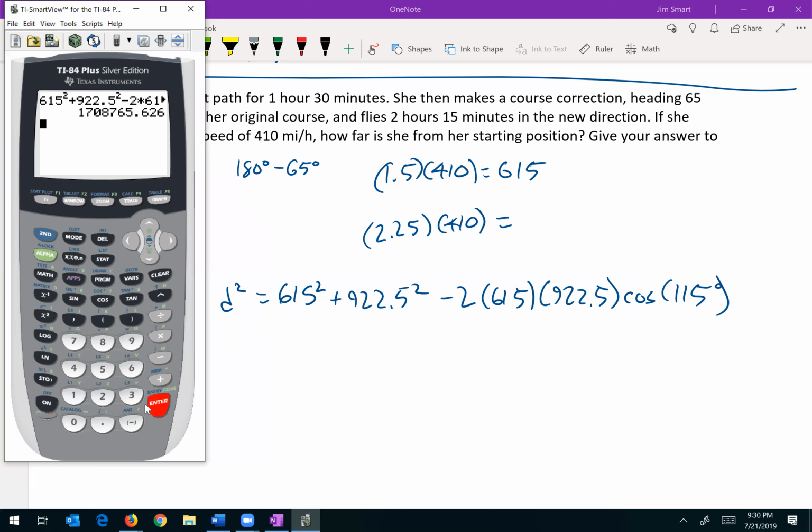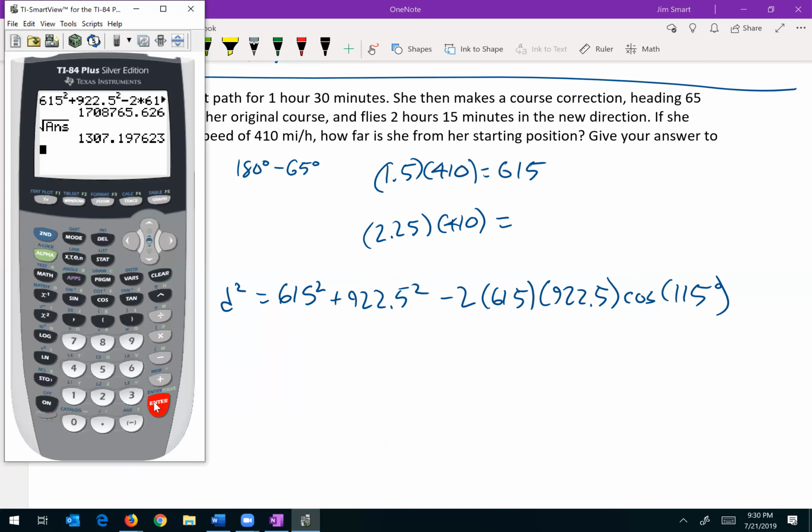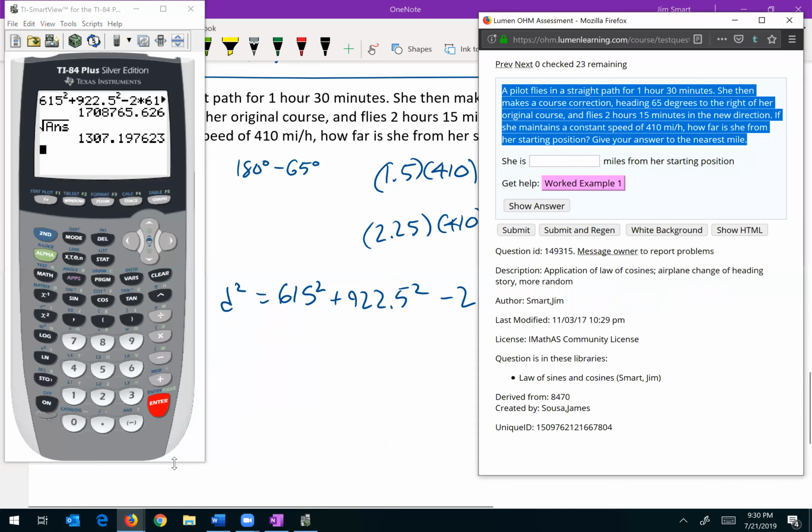Enter. So remember that's d squared, so I need to do the square root of the answer. It says to the nearest mile, so that was 1307. Go back to that problem. Show the answer, 1,307 miles.